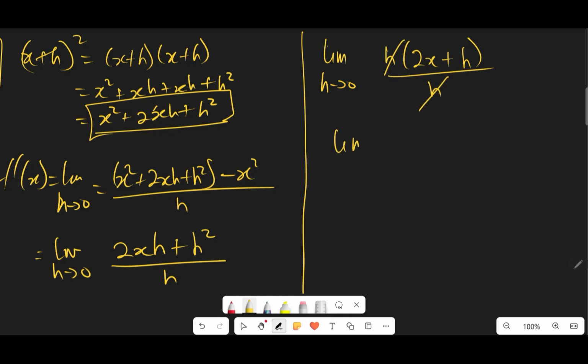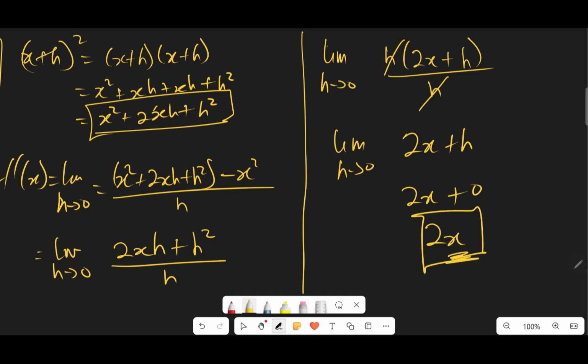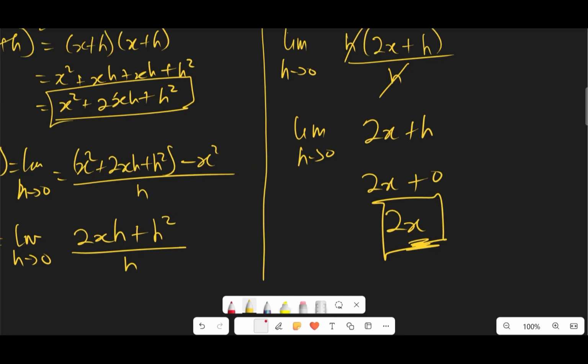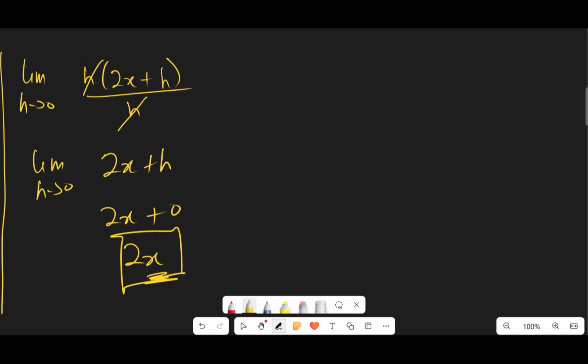We get the limit as h approaches 0 of 2x plus h. Now let's put in h equals 0. I get 2x plus 0, and our final answer is 2x. For differentiating using the first principle, we get 2x, and that is our final answer. It's so very simple. Now let's pick another question on that again for clearer understanding.